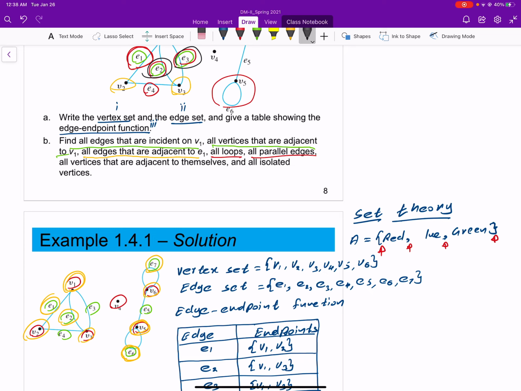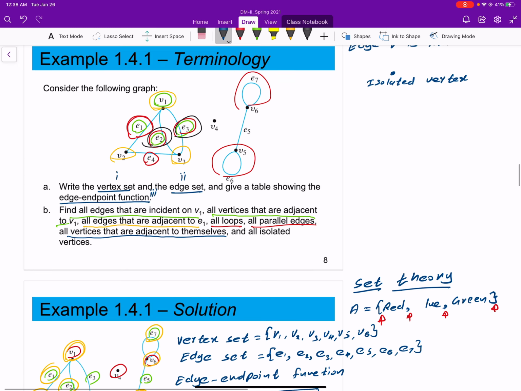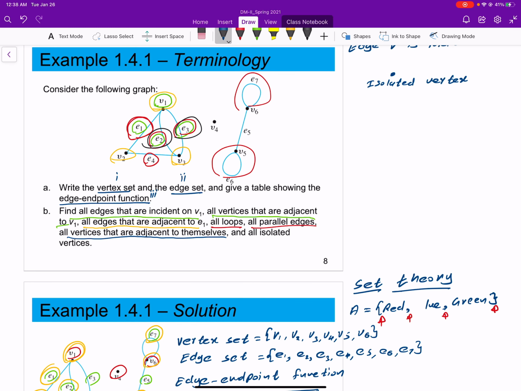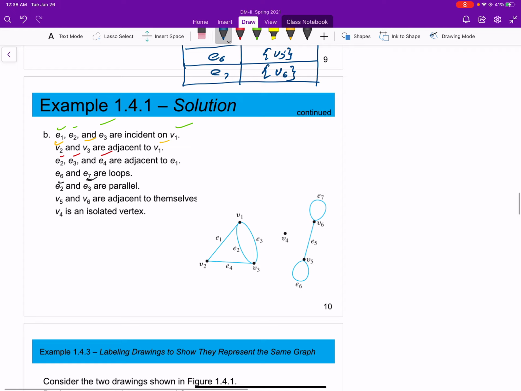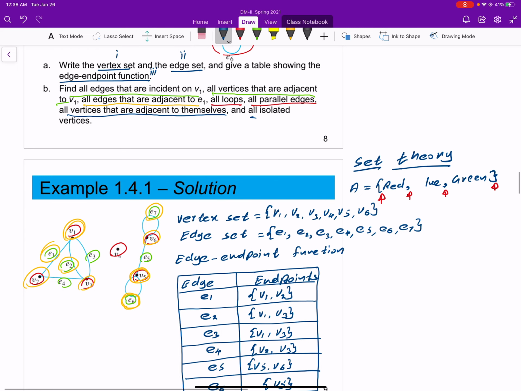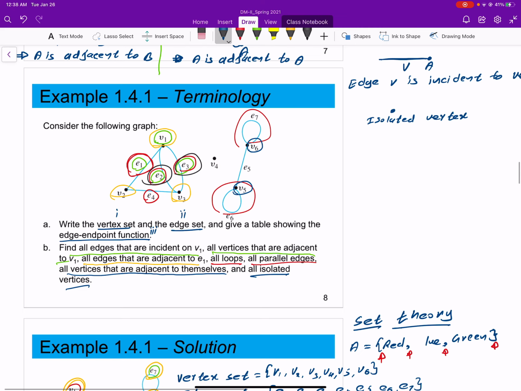Okay, and then all vertices that are adjacent to themselves. What vertices are adjacent to themselves? If there's a loop, then it is adjacent to itself. So it is V5 and V6 because there are loops. And finally you have to find all isolated vertices.